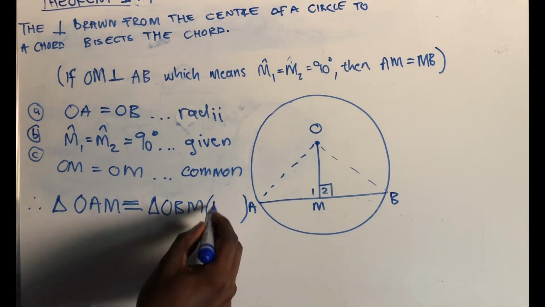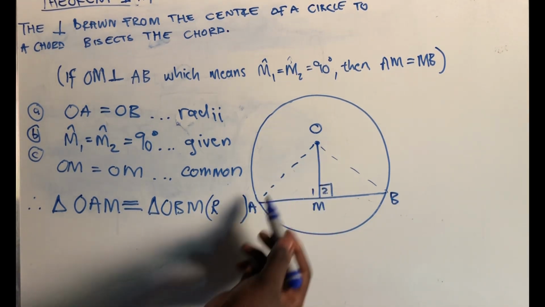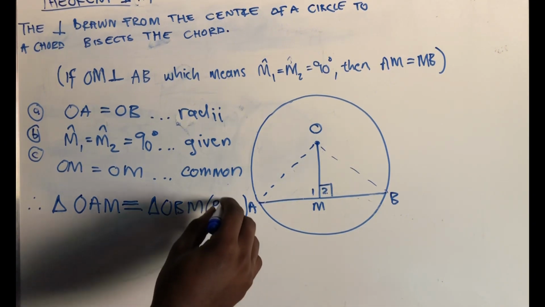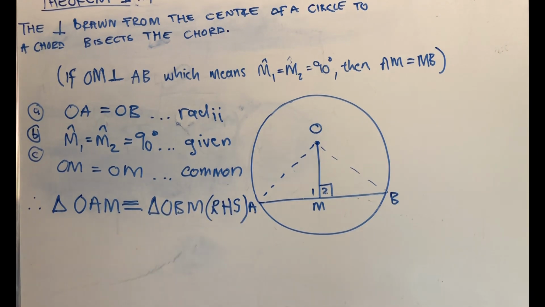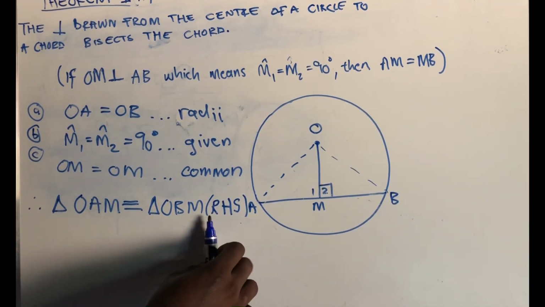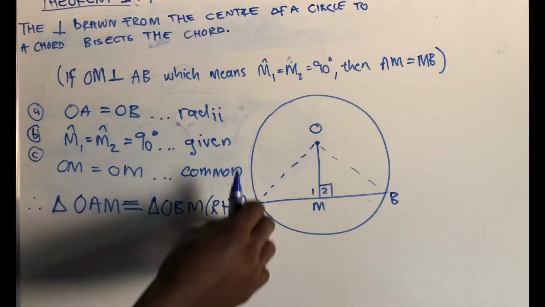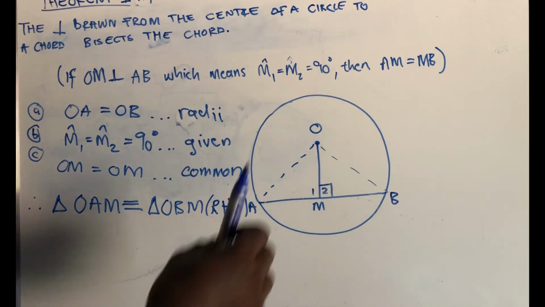We have proved that they are both right-angled triangles and they have a hypotenuse and a side that is common. If you are proving congruency between two right-angled triangles, your conclusion will always be right angle, hypotenuse, side.